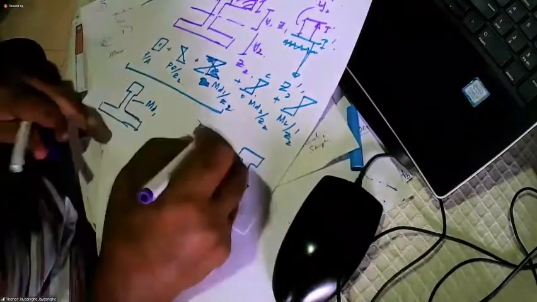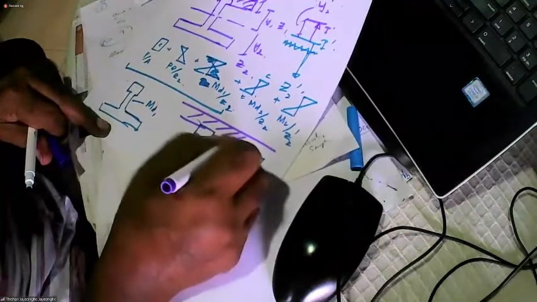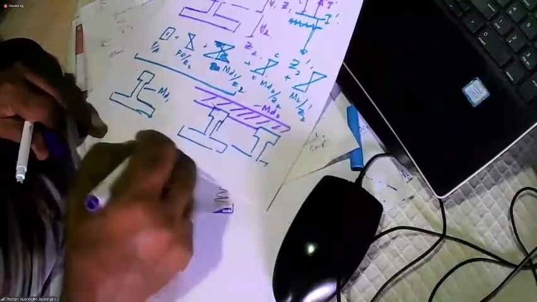We cast the top. This is MD2. Then we apply live load. This is ML. So we get a situation like this.